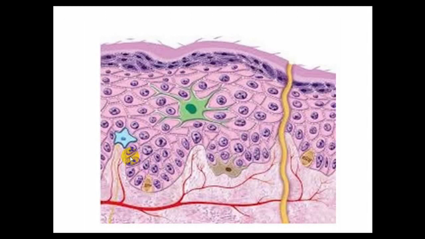I don't want to go into its function in depth, just enough to know that its function is as a mechanoreceptor. Okay, it's a mechanoreceptor. The most important type of cell is the melanocyte.